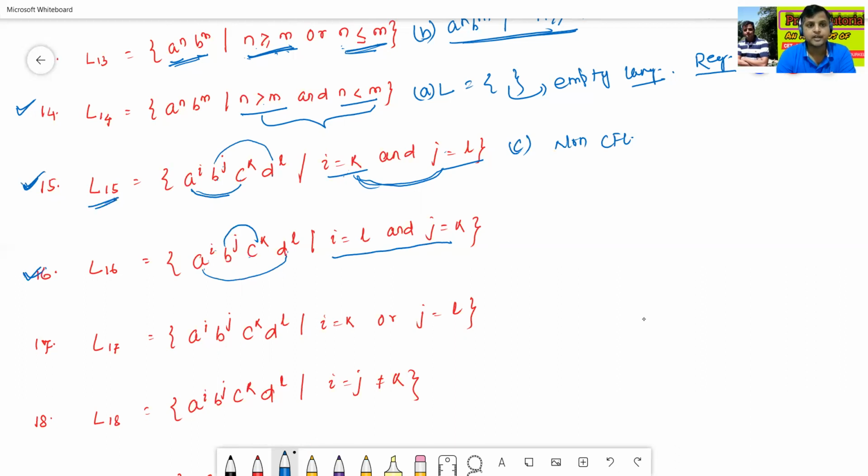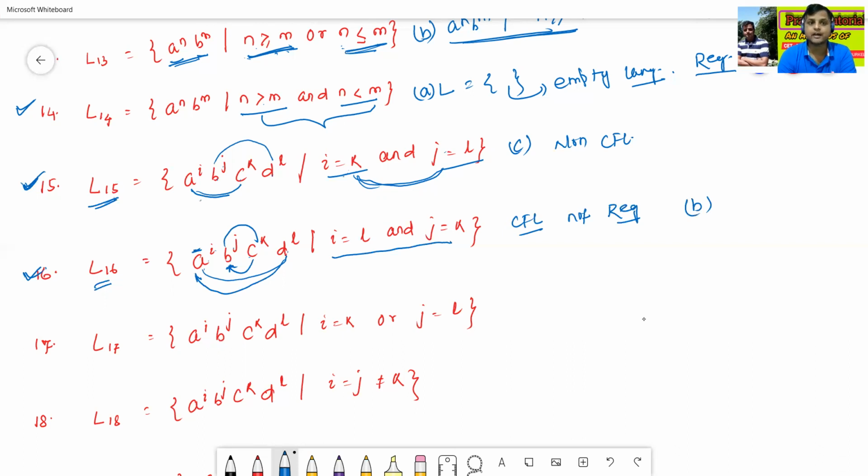But here we can. How? A will push, B will push, C will pop B, and D will pop A. That's why it is CFL, but not regular, option B.